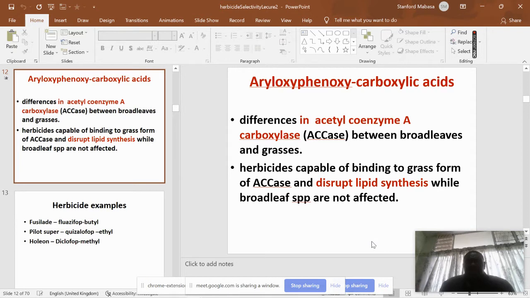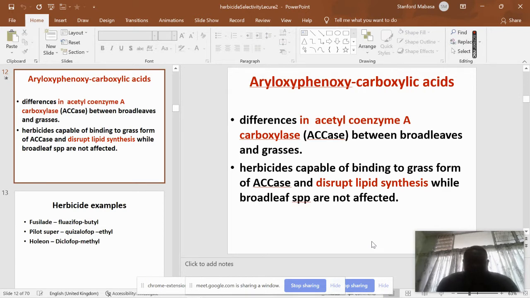And once that union is there, there's going to be a disruption of lipid synthesis. And the grasses will die because of that union.